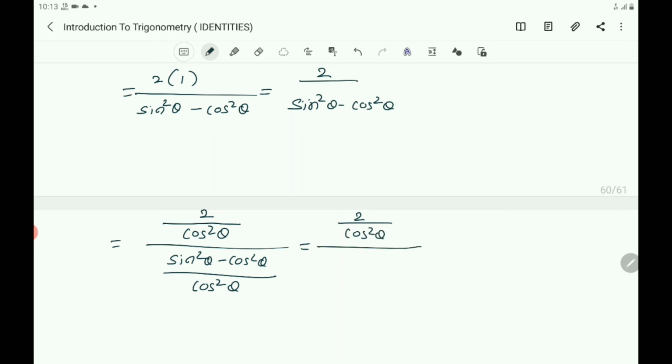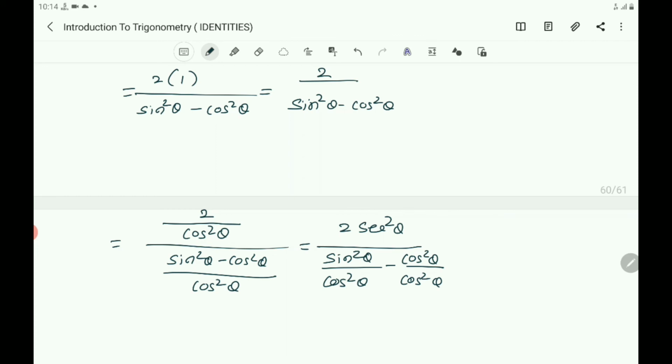You can write that as 2 secant square theta, since the reciprocal of cos is secant. And also you write sin square theta by cos square theta minus cos square theta by cos square theta.